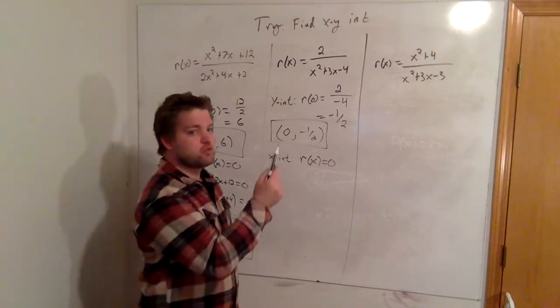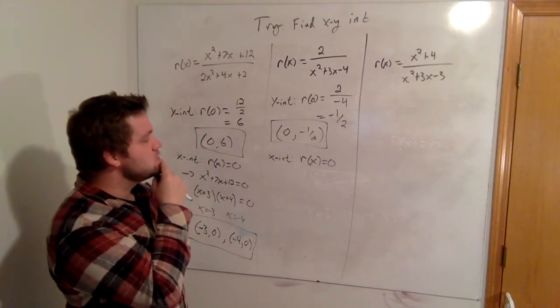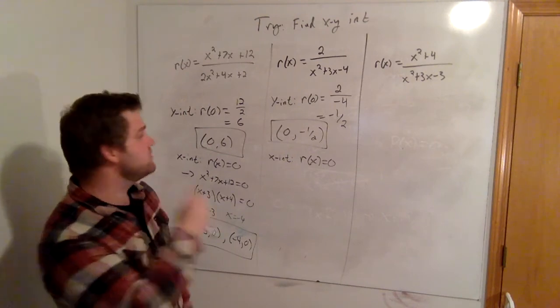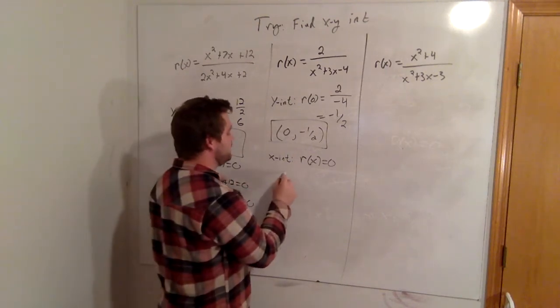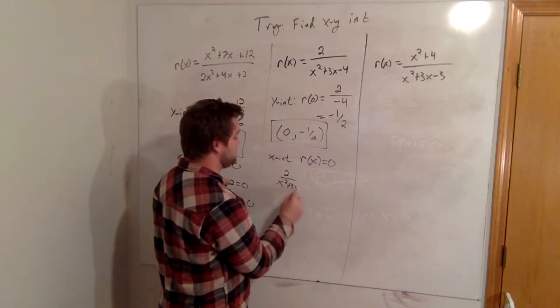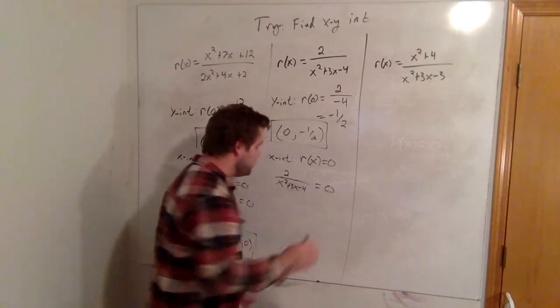But the numerator here is 2. So what does this tell us? What this is telling us is that there are actually no x-intercepts for this graph. And let me show you. If you tried to solve 2 over x squared plus 3x minus 4 equals 0, what would you do?